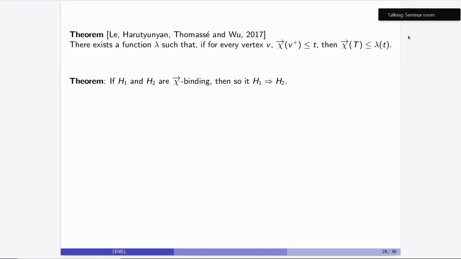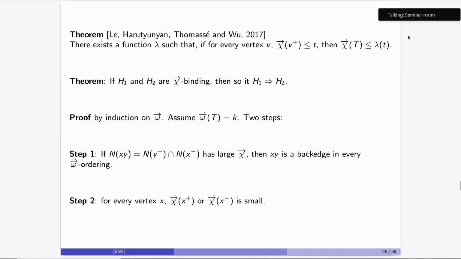I wanted to give the proof that if H1 and H2 are chi-bounded, then so is H1 ρ H2. But let me skip it first, because the proof that we had is a bit complicated, and the discussion with Bartosz two days ago showed me that there was a very simple proof of that. The simplest one is just the use of a superclassic argument that we missed.